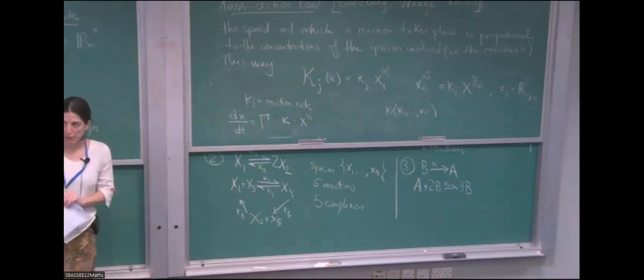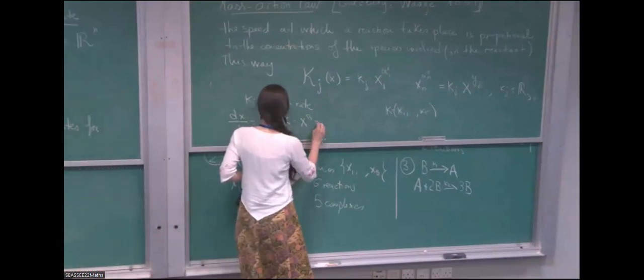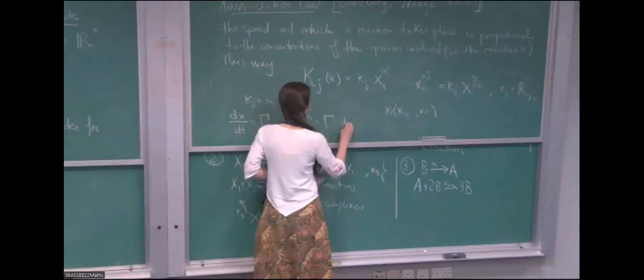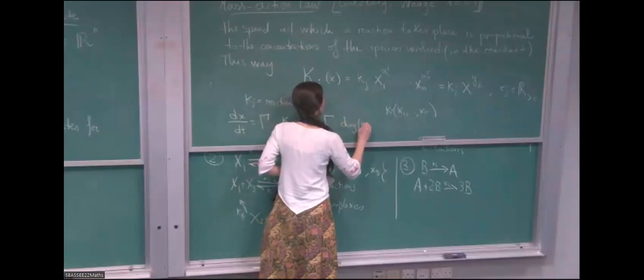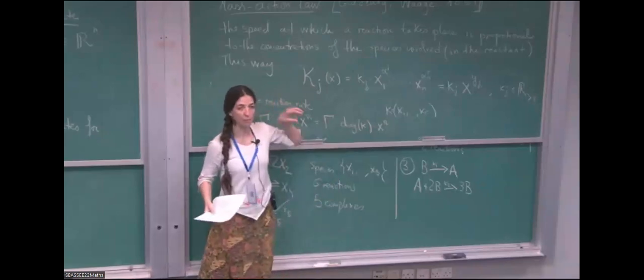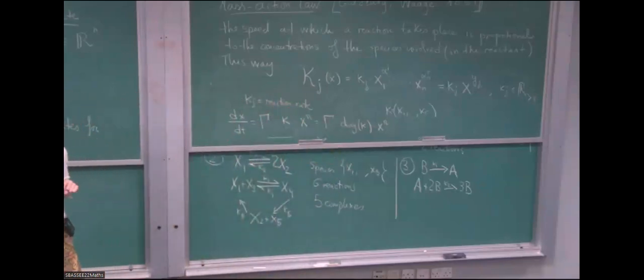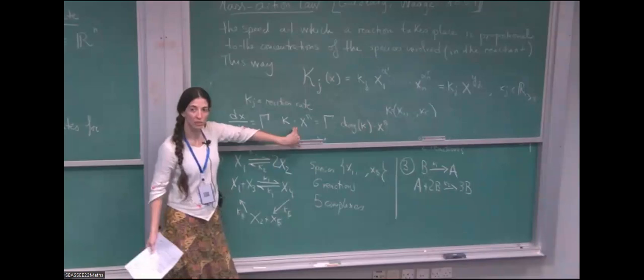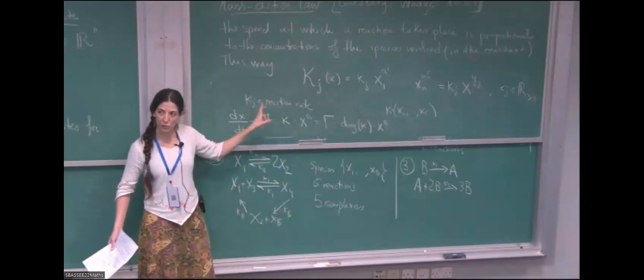And this will give me my ODE system. Or maybe I write sometimes like this, where I'm putting here a diagonal matrix with the k's in the diagonal. This is the Hadamard product. So product entry by entry.